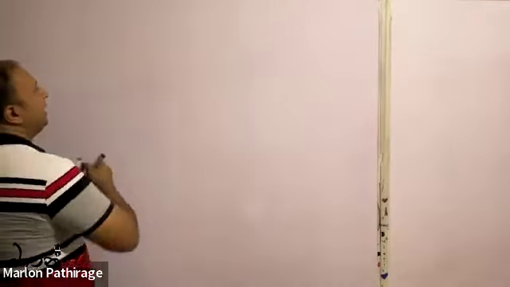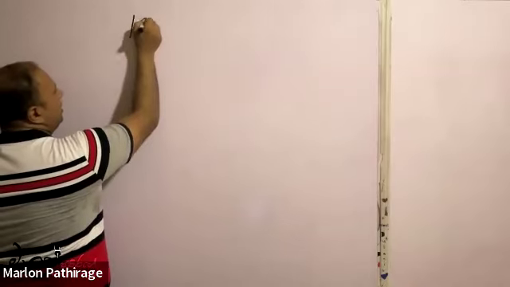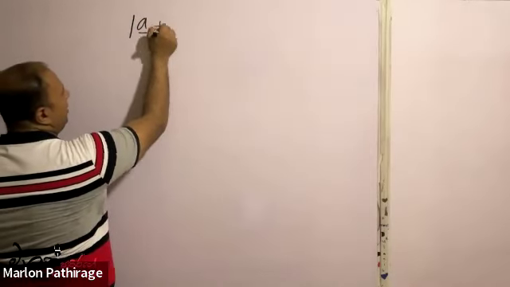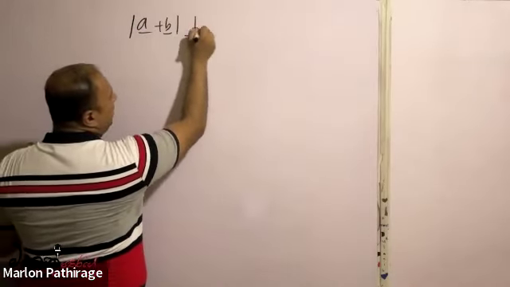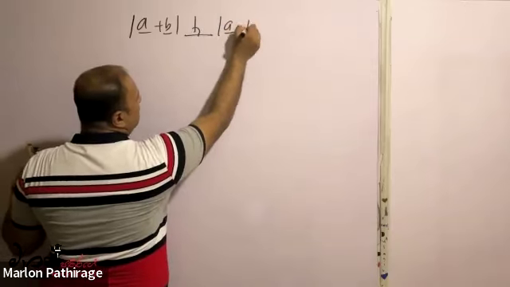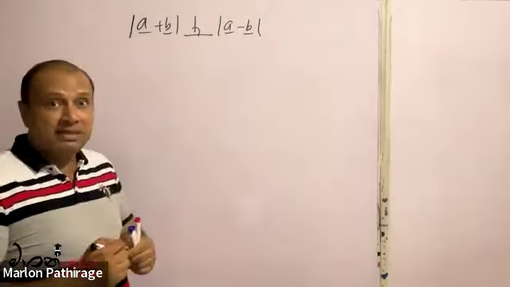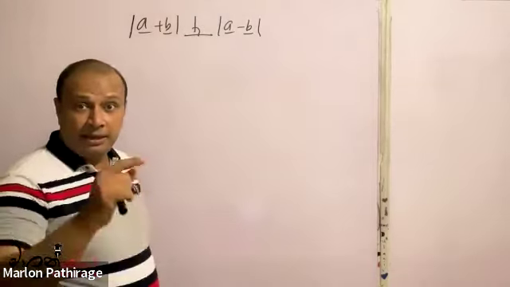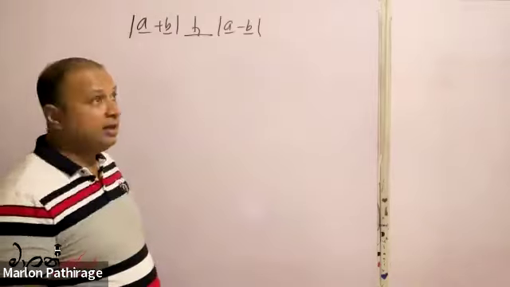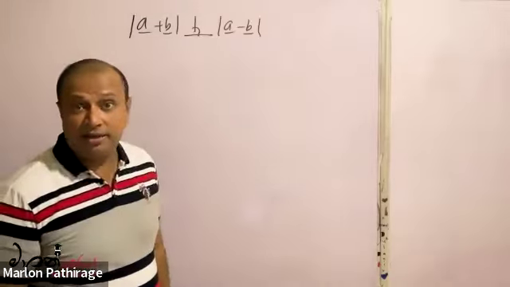Let's see, what is the given data? Given data is that the modulus of A plus B is perpendicular to the modulus of A minus B. A plus B is one diagonal and A minus B is the other diagonal.